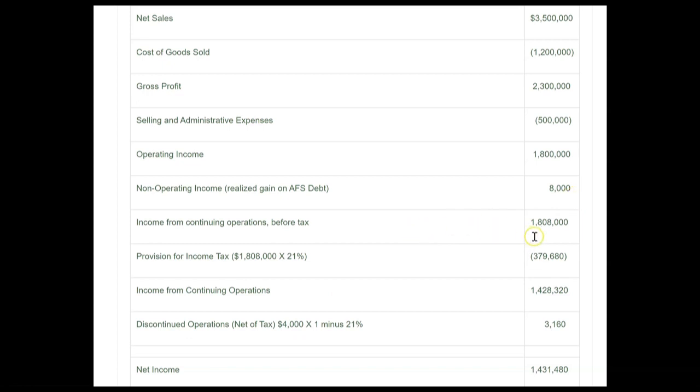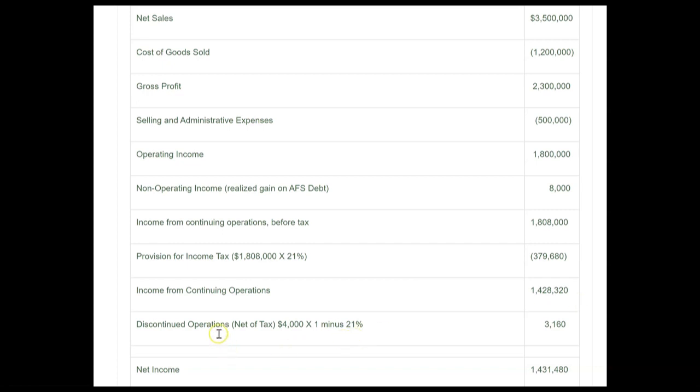And we're up to $1,808,000 of income from continuing operations before tax. Then we take that $1,808,000, we multiply by the tax rate given at 21%, and there's our provision for income tax, $379,680. And what results is income from continuing operations of $1,428,320. And that would be the net income figure if there was no discontinued operations.